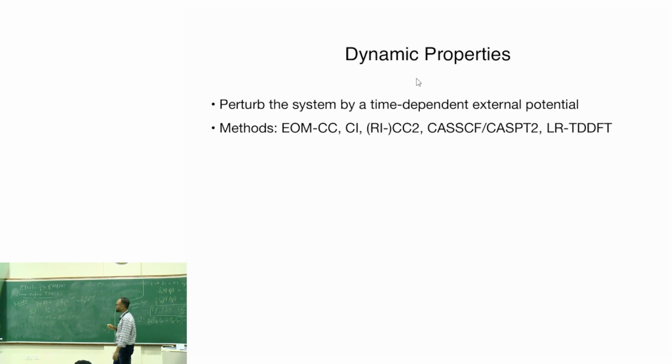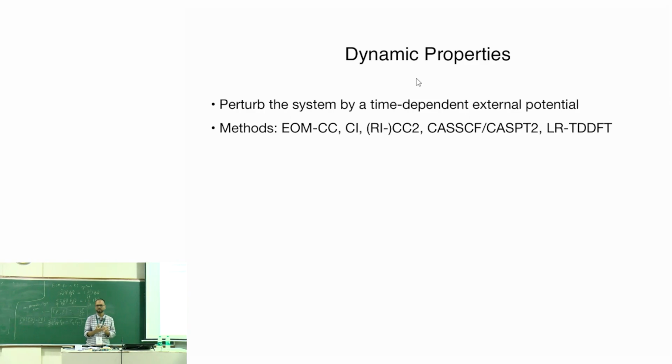Now, what was the constraint again on the density matrix? It has to be idempotent. So what that means is, when I do this order by order expansion, this idempotency has to be retained.